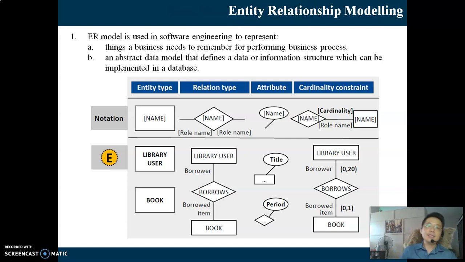Let's look at the symbols used for entity relationship modeling. As I mentioned, entity relationship modeling is used to capture the entity type and the relationship type. So the entity type is represented by a rectangle, relationship is represented by a rhombus. Attribute can be represented by an oval. Sometimes we don't put an oval, we just simply spell out the attribute name.